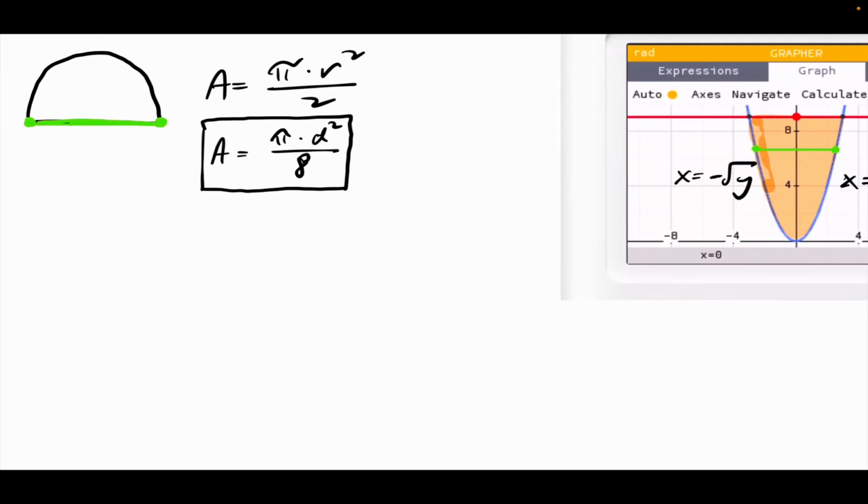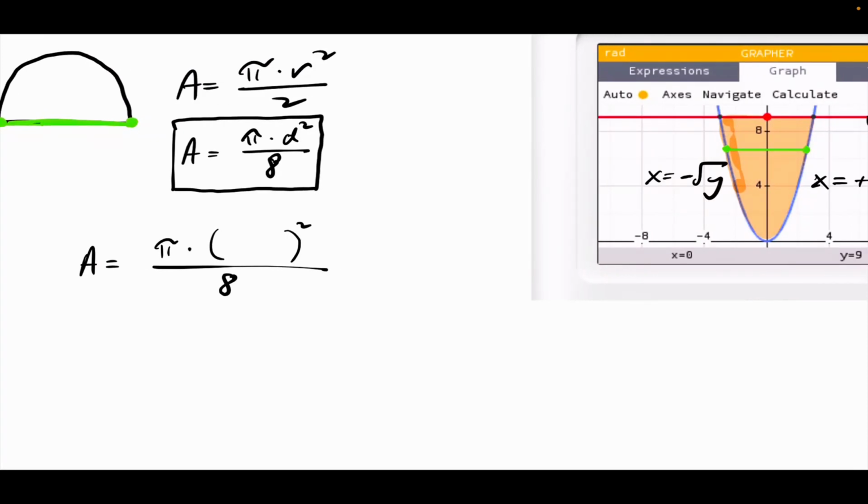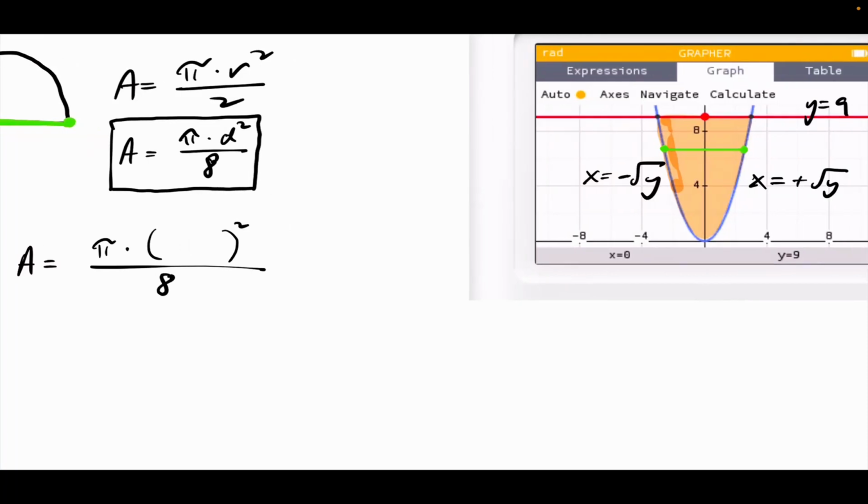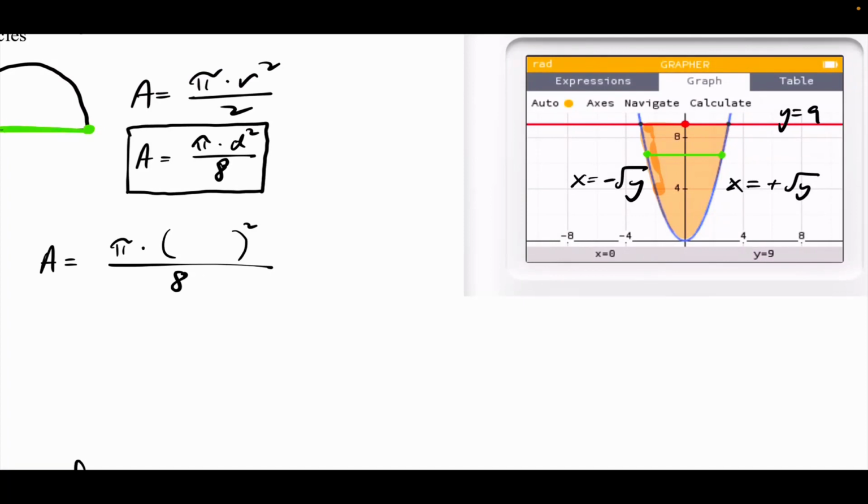Okay. All right, so area. Where does the diameter extend from? From right to left, where does the diameter extend to? It extends from the positive square root of y to the negative square root of y.